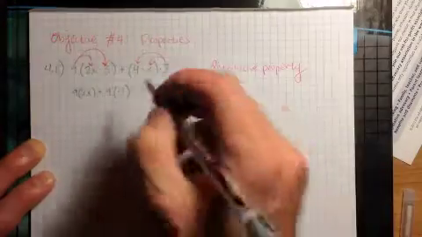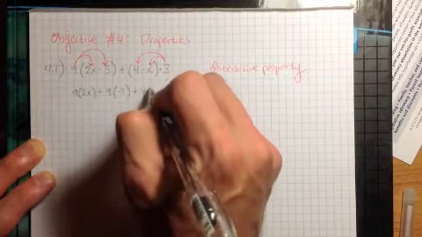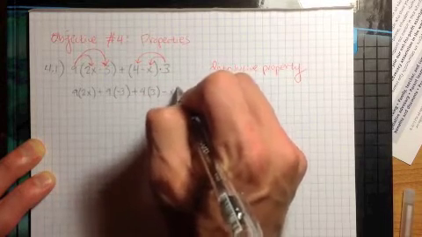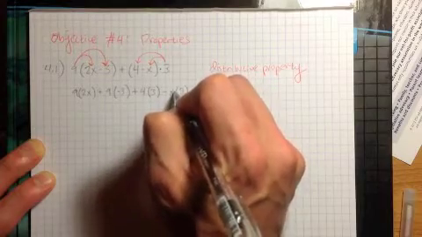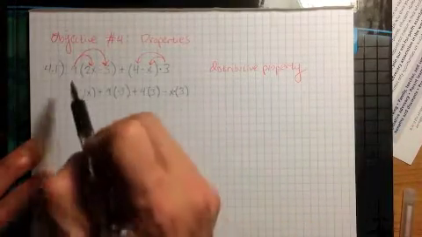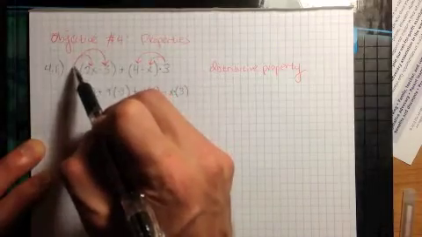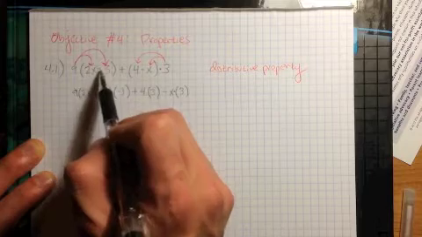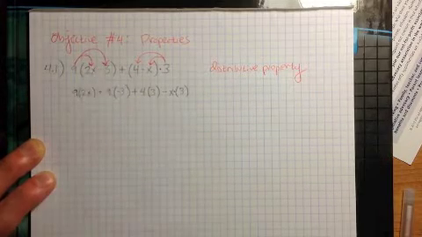So plus 4 times 3 minus x times 3. Now, notice that we are allowed to use the distributive property only when there's a plus or minus sign between the things inside the parentheses.